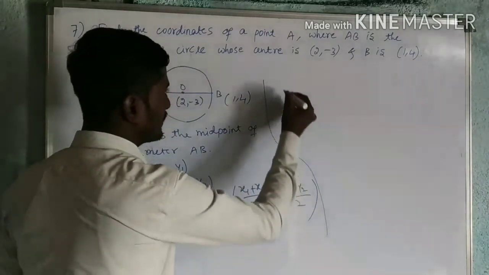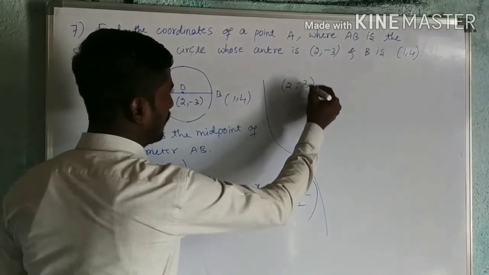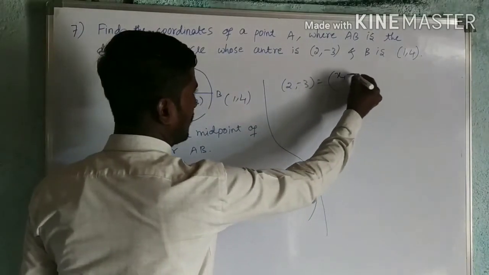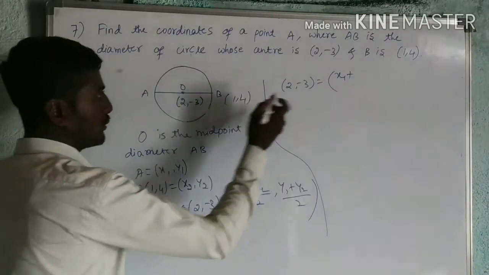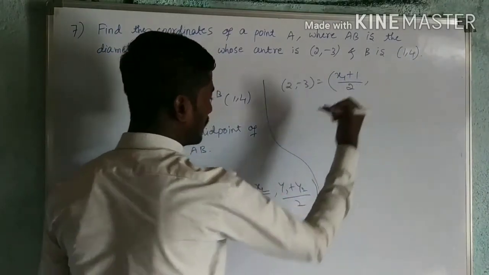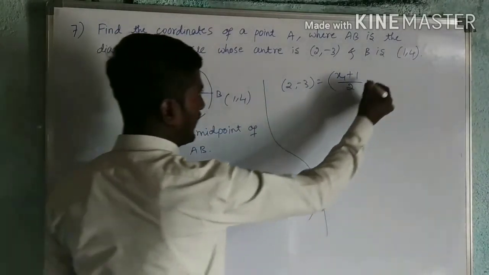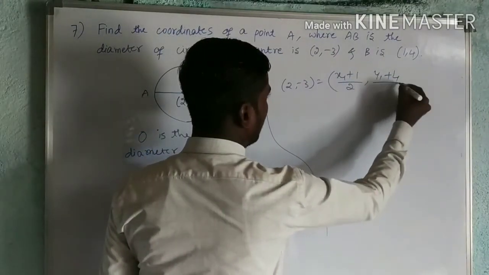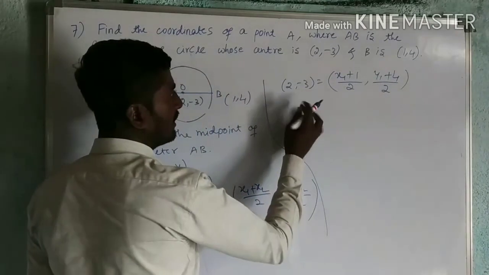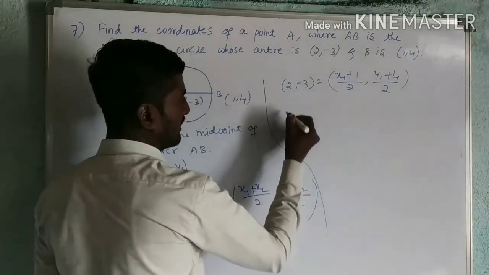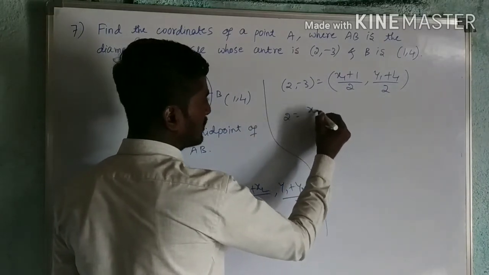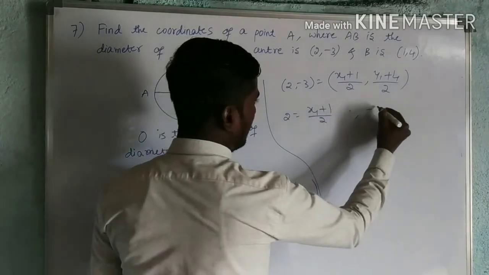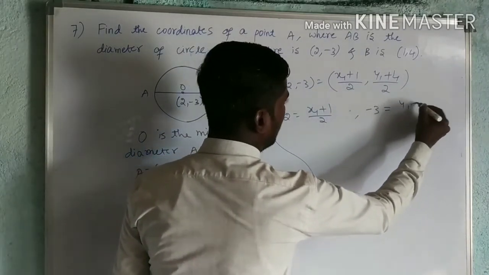Now substitute the values. X1 we have to find, x1 plus x2 is here 1 divided by 2 comma y1 we have to find, y1 plus y2 is here 4 divided by 2. So here let us equate the corresponding elements. 2 is equal to x1 plus 1 by 2 comma, next minus 3 is equal to y1 plus 4 divided by 2.